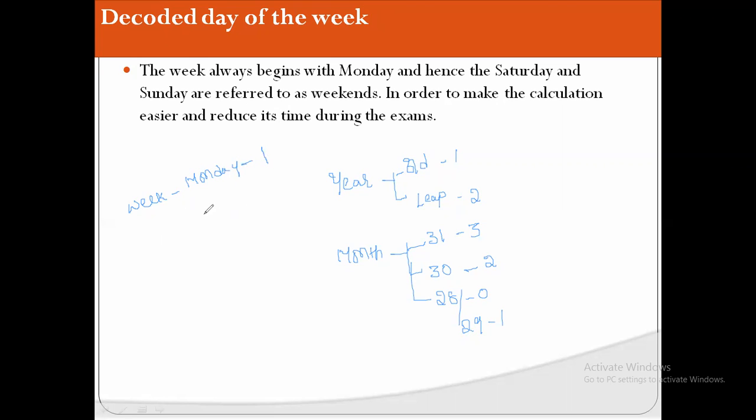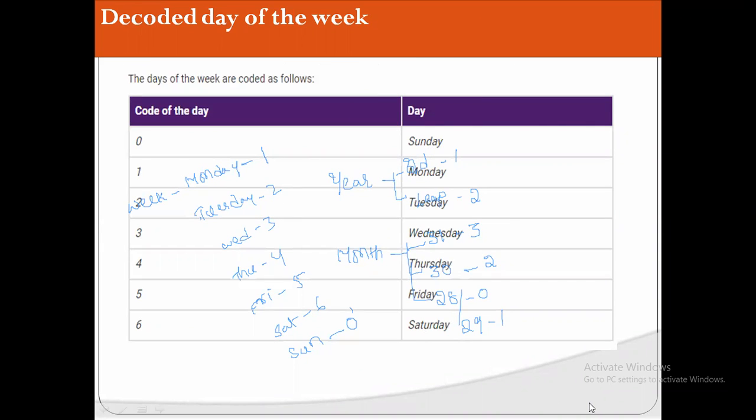So Monday means 1, Tuesday 2, Wednesday 3, Thursday 4, Friday 5, Saturday 6, and Sunday we treat as 0. Then a complete week is completed. That is the third one, decoding of the weeks.